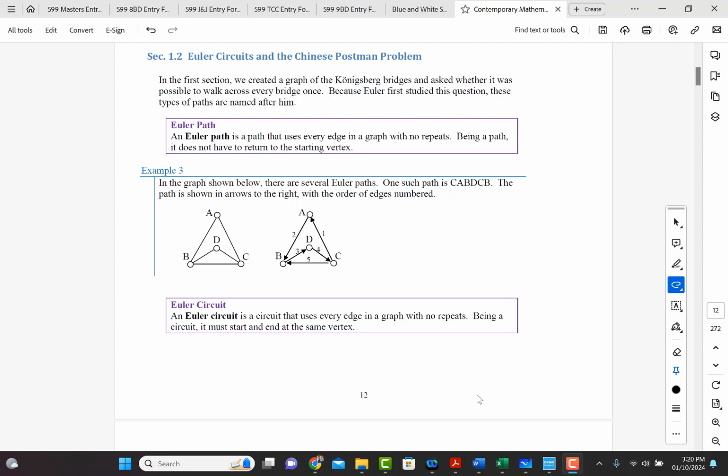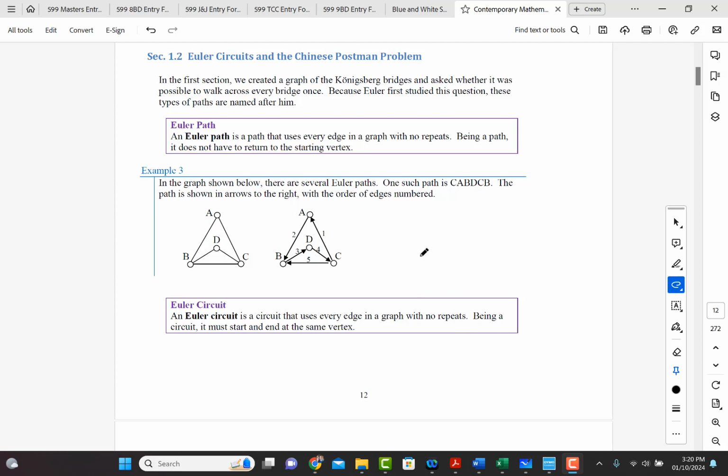A path is just between two distinct vertices, so it doesn't return to the initial starting vertex.